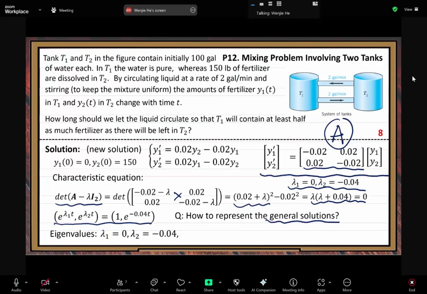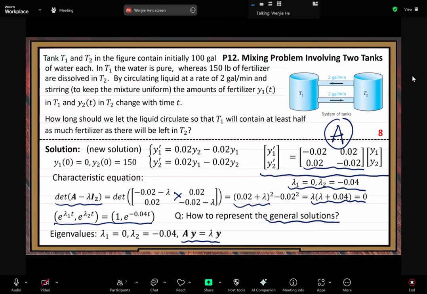The question is, how to find a non-trivial solution, remember? This equation has a trivial solution, right? But we want to find a non-trivial solution for this linear system. So this is our original equation.